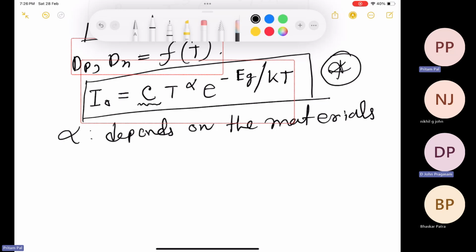Can you post the screenshot now on the chat box? Yes, sir. I will check it, and you are saying the right answer after checking the evaluation, right?